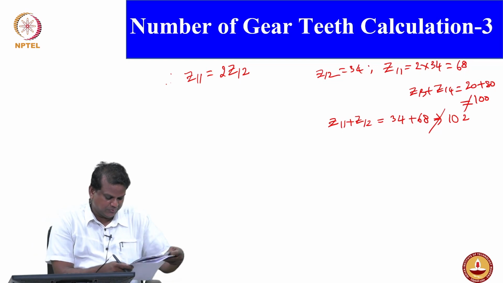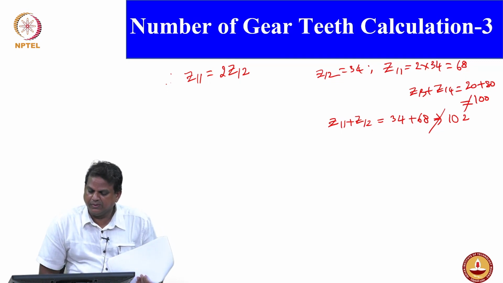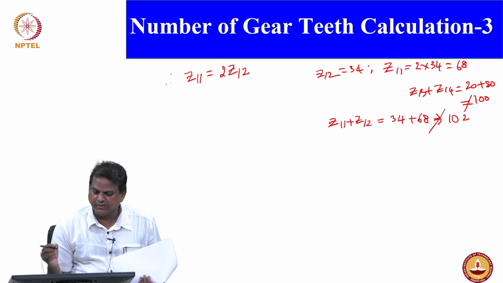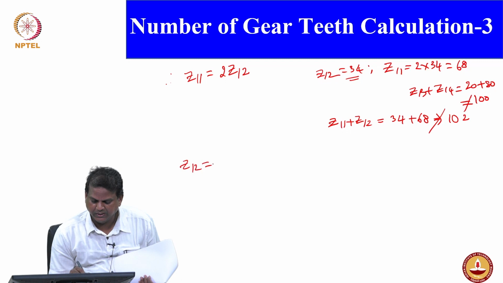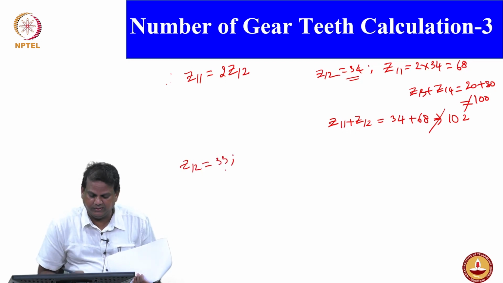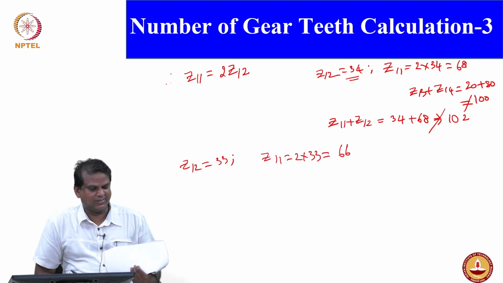So what is the way to do that? Let me choose, instead of 34, Z12 as 33. What happens if we use Z12 as 33? My Z11 would be 2 times 33, which is 66.